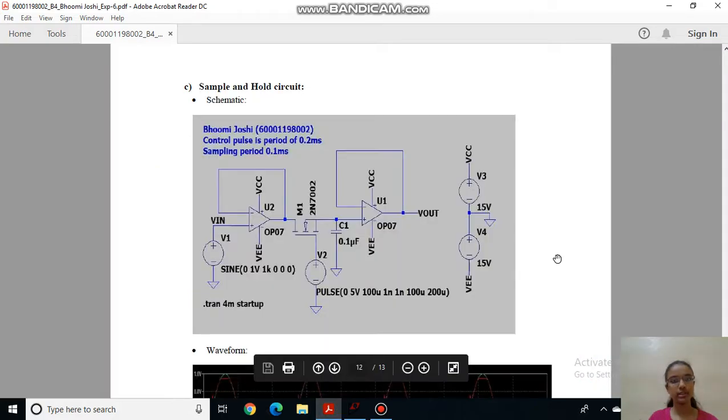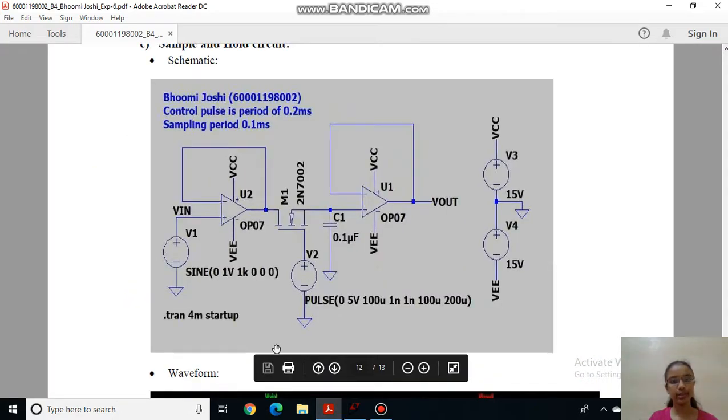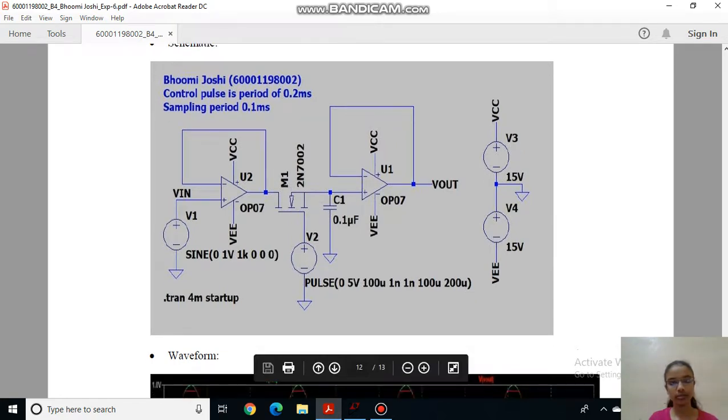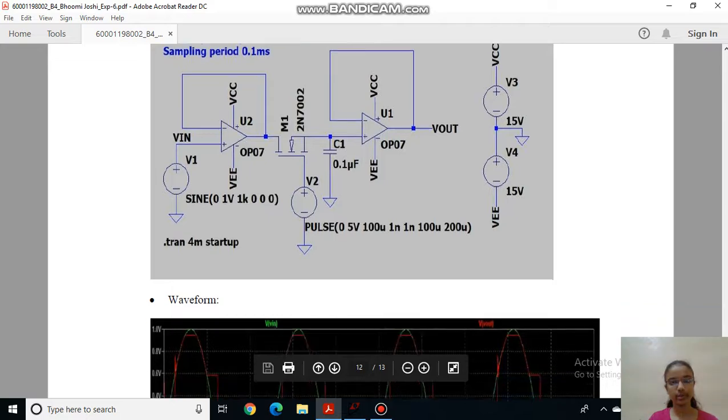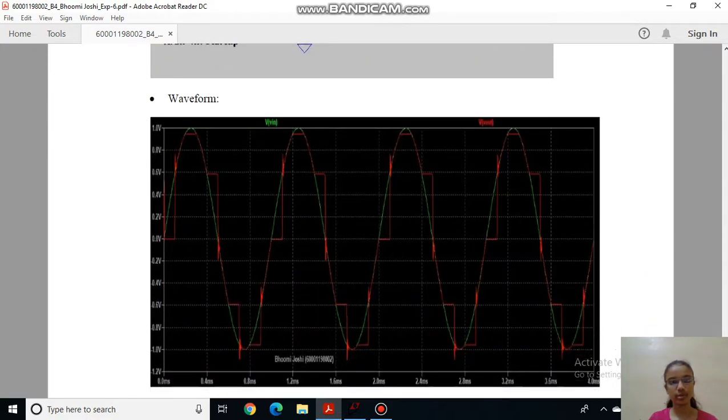Our fourth part is sample and hold circuit. So as you can see, this is my circuit diagram for sample and hold circuit. Here I have used NMOS, which will provide me this output.